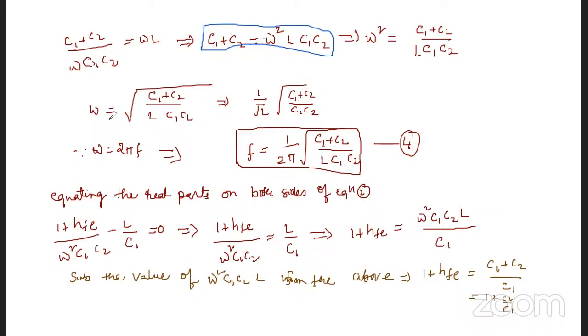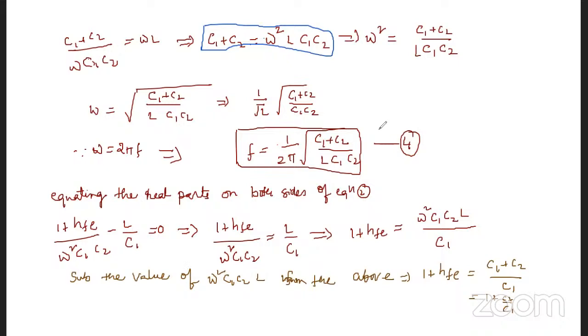Omega is the angular frequency, equal to 2 pi f. By substituting that, we get f equal to 1 by 2 pi under root of (C1 plus C2) by L C1 C2. This f is the frequency of oscillations.